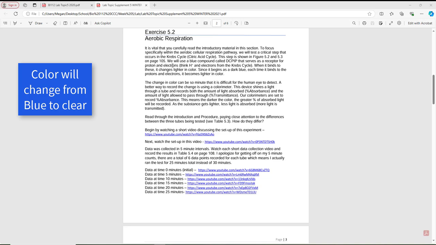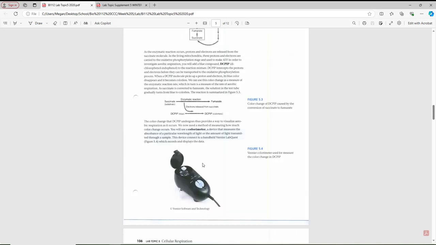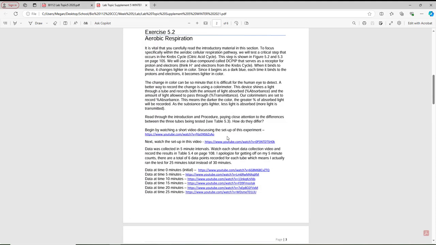And so this colorimeter, which looks like that, it'll basically measure the percentage. So as the percentage starts to change, we'll notice that the substances will start getting lighter, and as it's getting lighter, we know that cellular respiration is taking place.